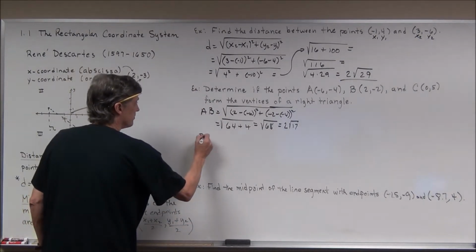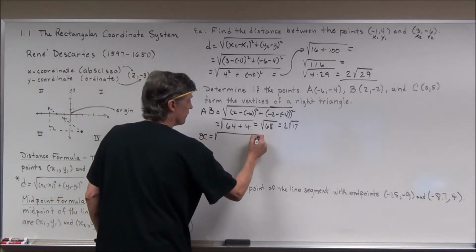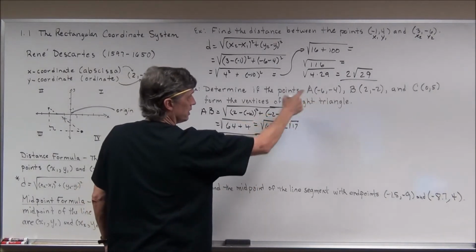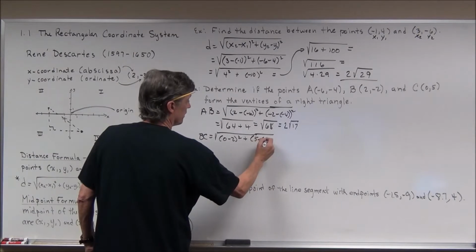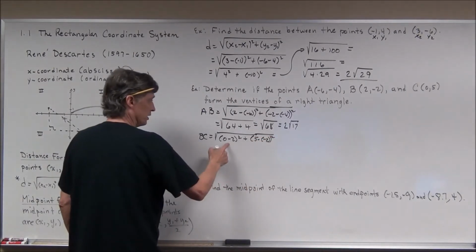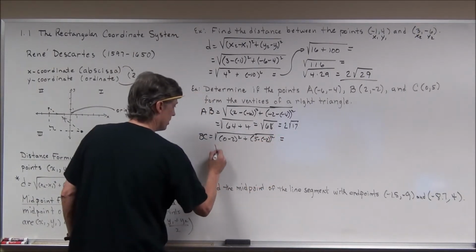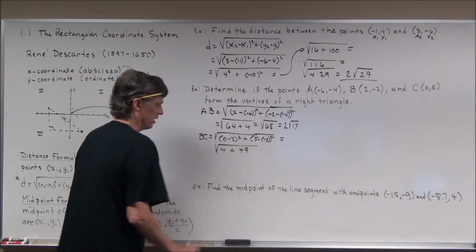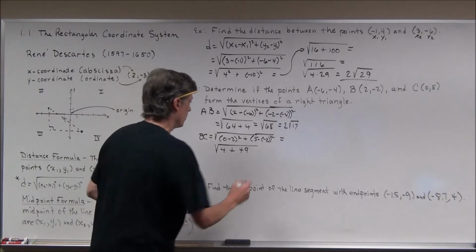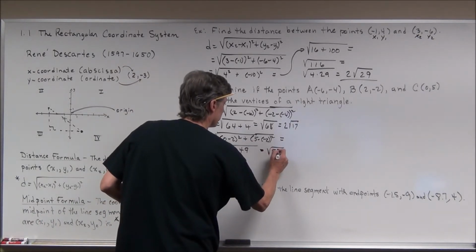BC is the square root of 0 minus 2 quantity squared plus 5 minus a negative 2 quantity squared. So that's going to be 4 plus 49. That's positive 7 squared. The square root of 53.